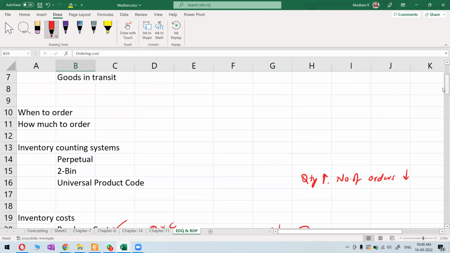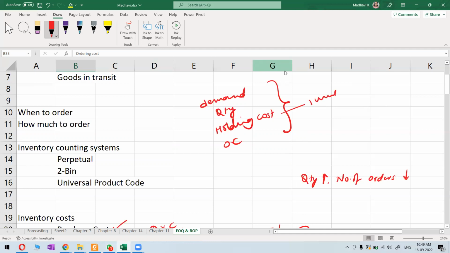So that's all. Here are a few pointers that I would like to mention related to the problems. One is the demand, quantity, holding cost, ordering cost. They all have to be mentioned in the same units. Are we talking about per week or per year or per month? Whatever is the consumption and the cost associated, everything has to be brought to one single unit and then substitute the values.